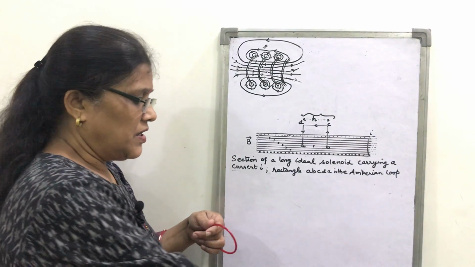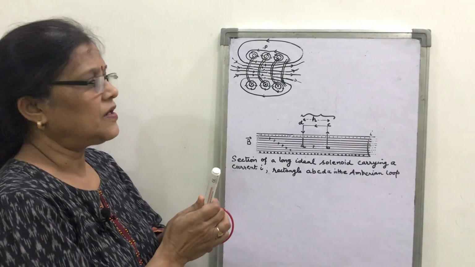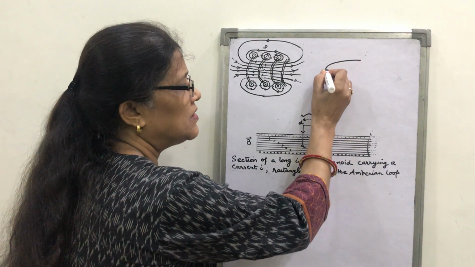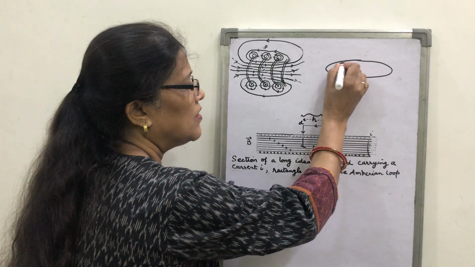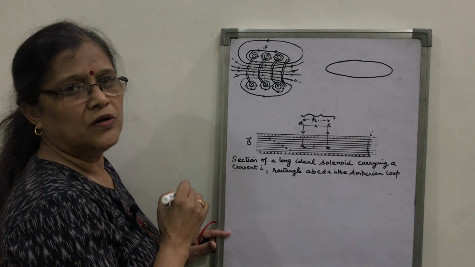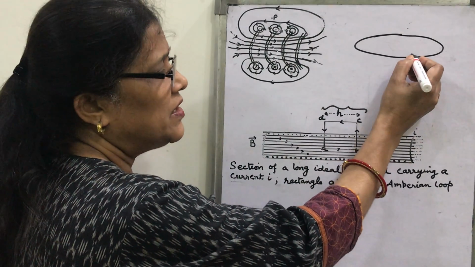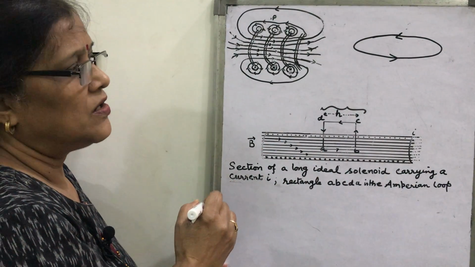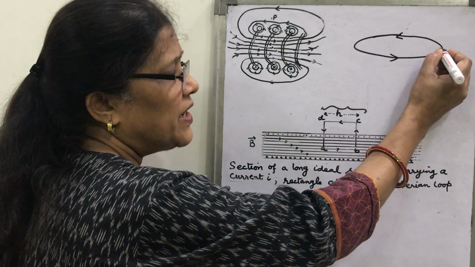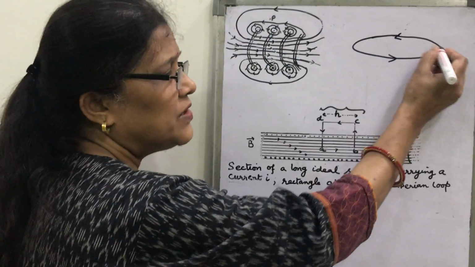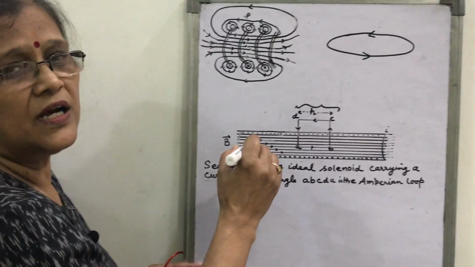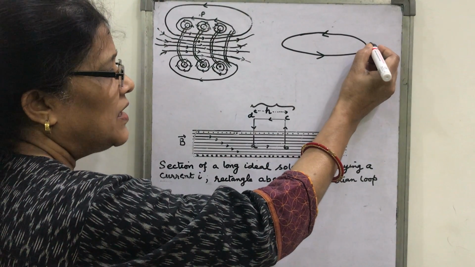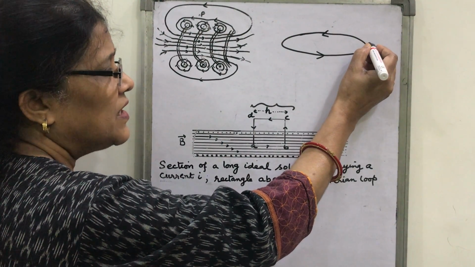Now suppose this is the circular loop, and the current is flowing through the circular loop like this. At this point and at this point, how will you get the magnetic field lines? At these points, the magnetic field lines will be in the form of circles.